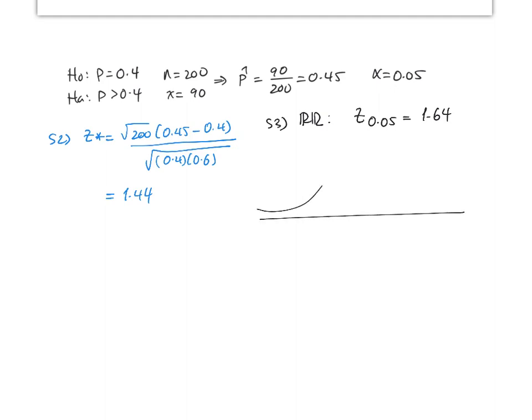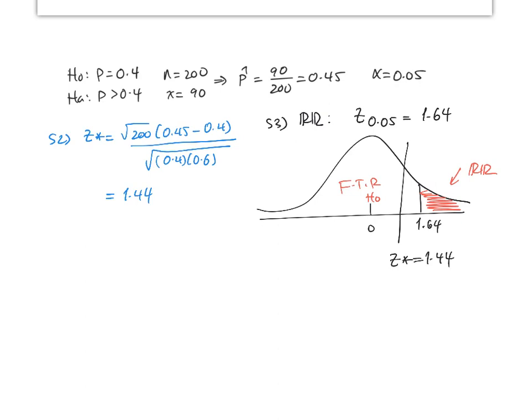Then the rejection region is going to be only on the right side. So this is the rejection region, and this is the fail to reject. Now is 1.44 in the rejection region? No, right? It's close, but it's not there. So therefore z star is 1.44.